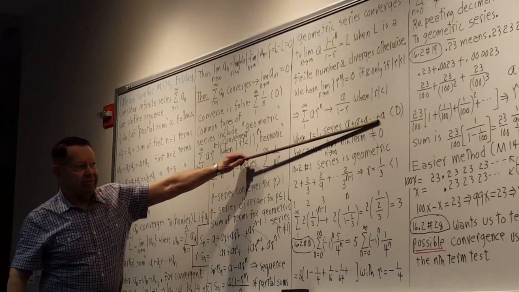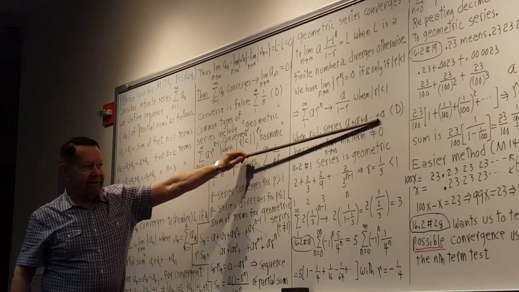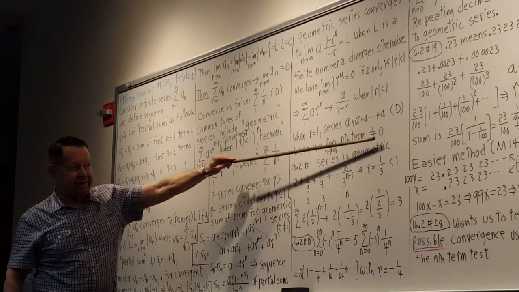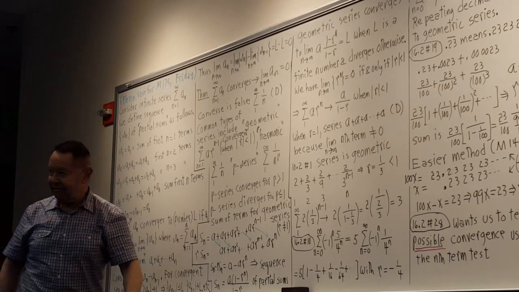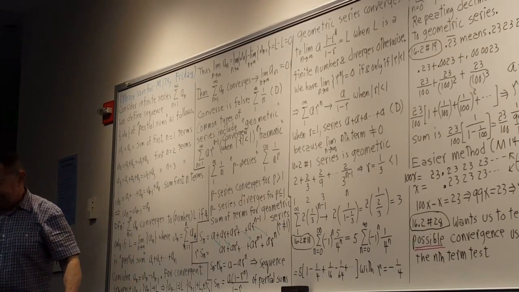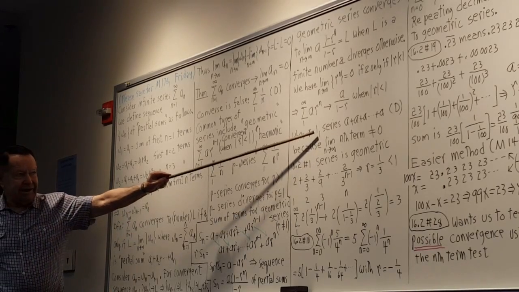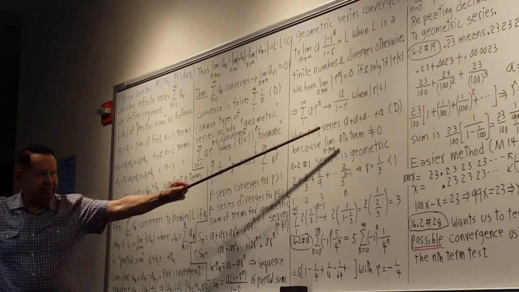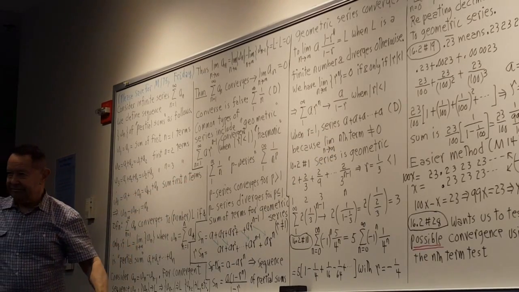So when r is equal to 1, the original series looks like that, and that diverges because the nth term is a, and it's not going to 0 in the limit. That's why this nth term test is the first thing on the page. So that lets you say that when r is 1, what you get for your geometric series is divergent.